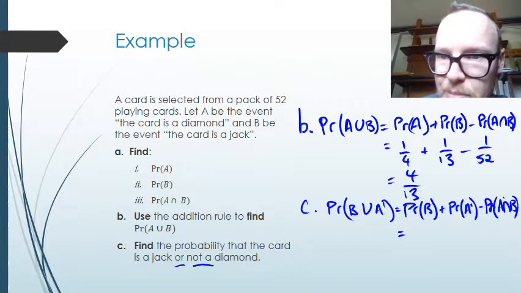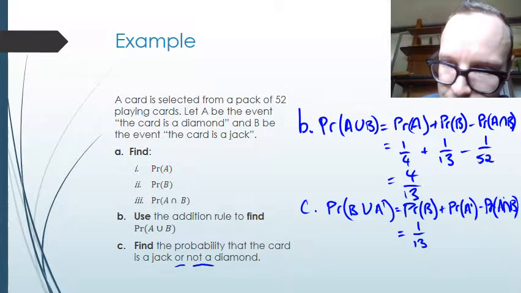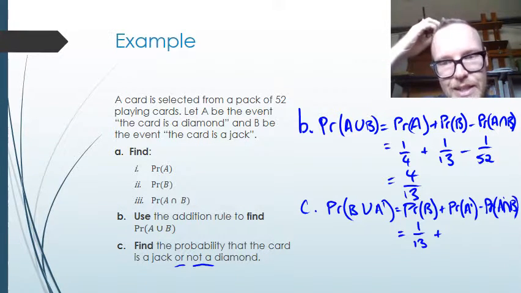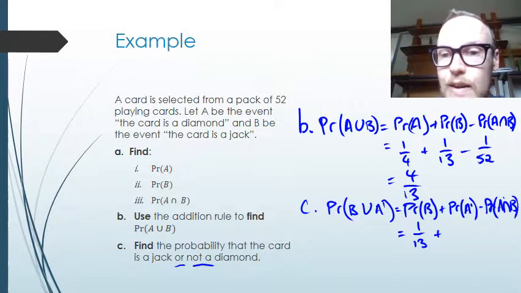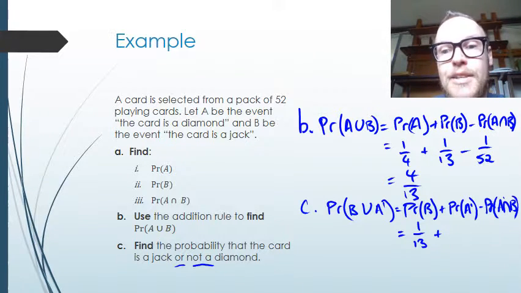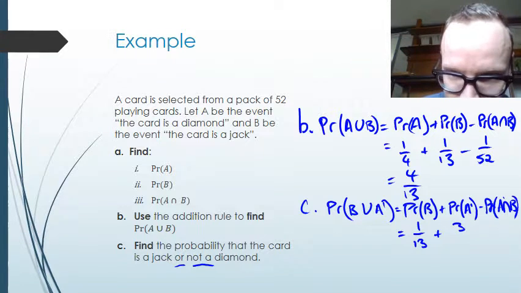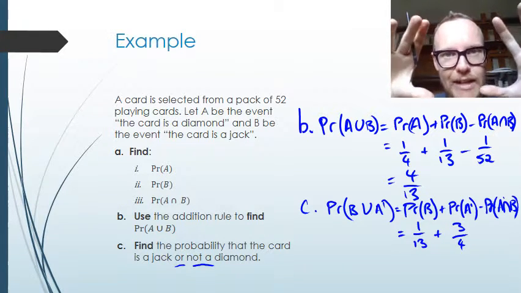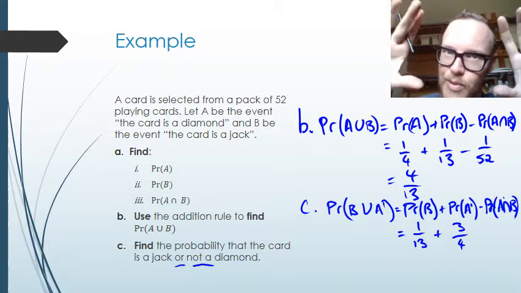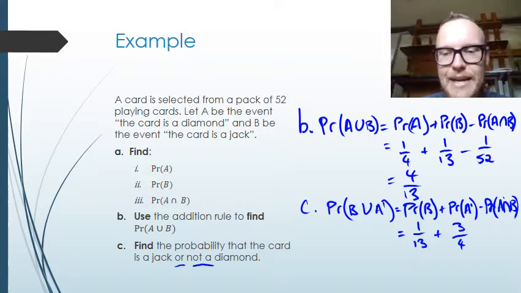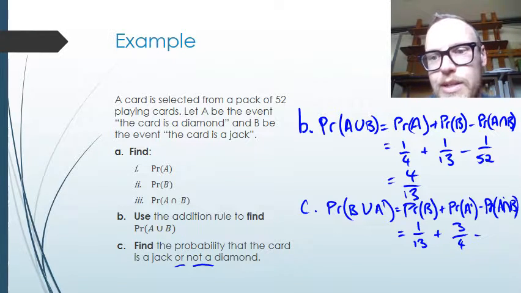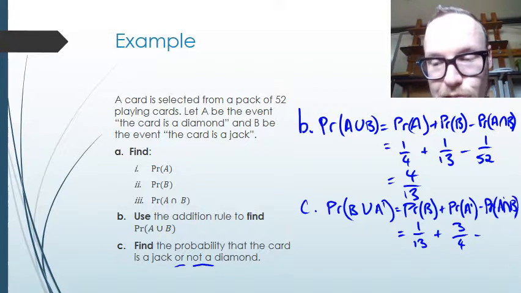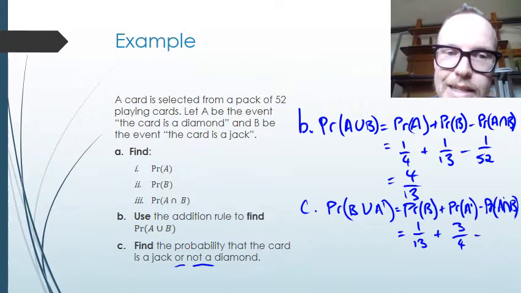We calculated the probability of B before, that's 1 out of 13. If the probability of A is 1/4, then the probability of not A is 3/4, because the probability of A and the probability of not A must add up to 1. Now, the probability of the intersection between not A and B: not A is the card is not a diamond.